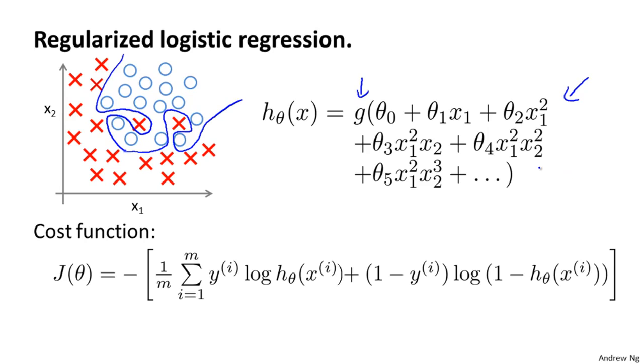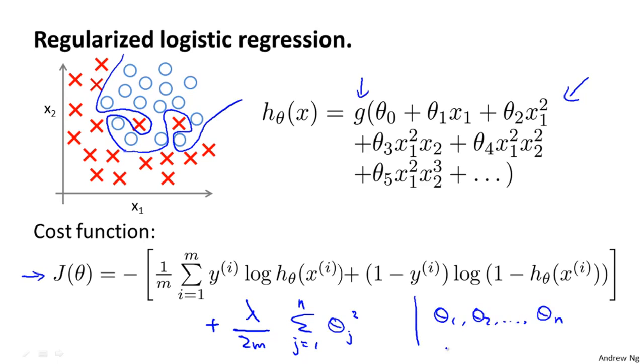This was our cost function for logistic regression, and if we want to modify it to use regularization, all we need to do is add to it the following term: plus lambda over 2m, sum from j equals 1, rather than sum from j equals 0, of theta j squared. This has the effect of penalizing the parameters theta 1, theta 2, and so on, up to theta n, from being too large.